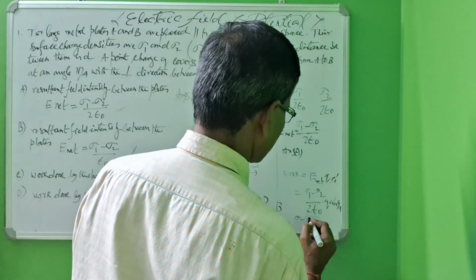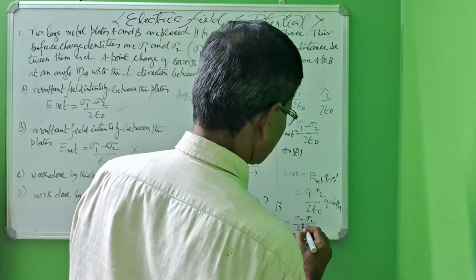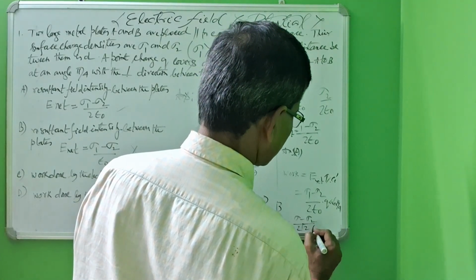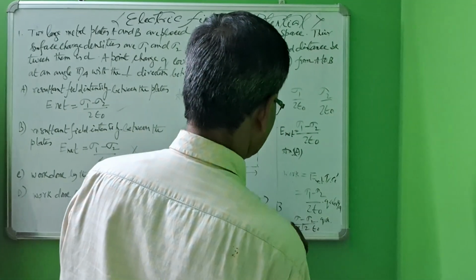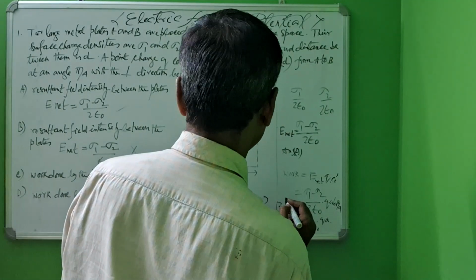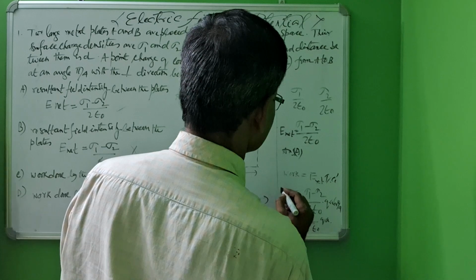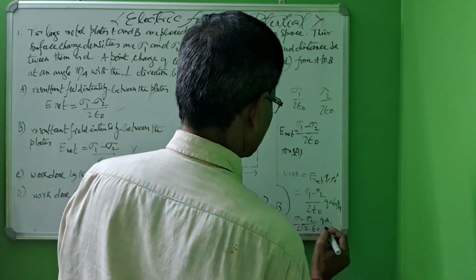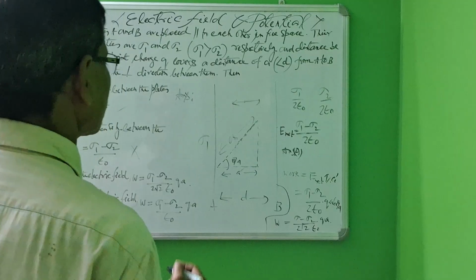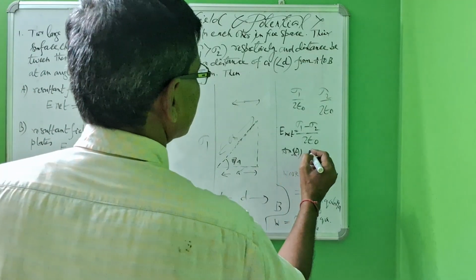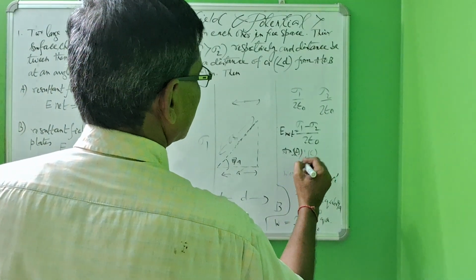So it is sigma 1 minus sigma 2 divided by twice epsilon naught into Q A by root 2. So answer C is also the correct one. So answer A and answer C are the correct ones.